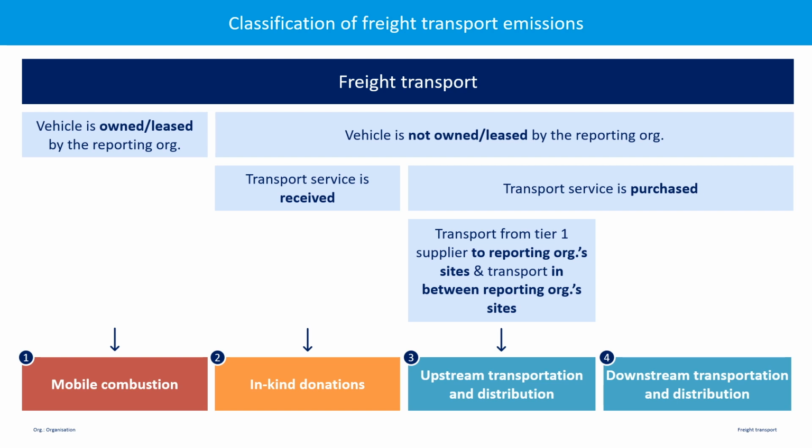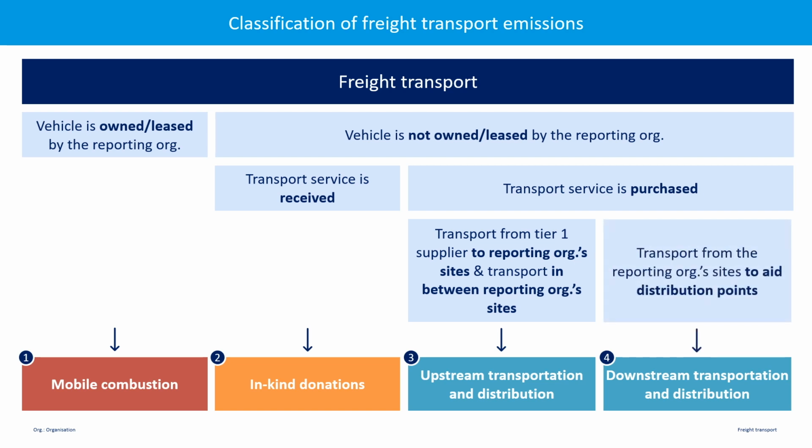And also under this category, we have emissions resulting from transportation between the reporting organization's warehouses. And lastly, emissions resulting from transportation between the reporting organization's sites and aid distribution points would fall under our last emissions category, so downstream transportation and distribution.